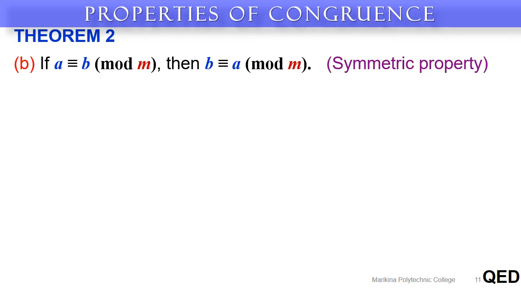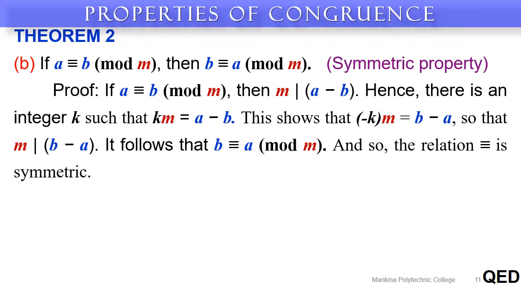Next, if a is congruent to b modulo m, then b is congruent to a modulo m. For our proof, if a is congruent to b modulo m, then m divides a minus b. Hence, there is an integer k such that k times m equals a minus b.